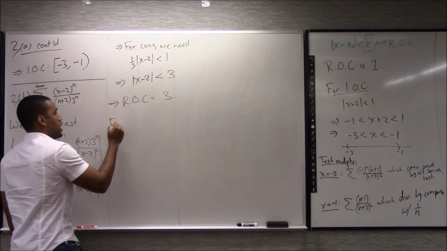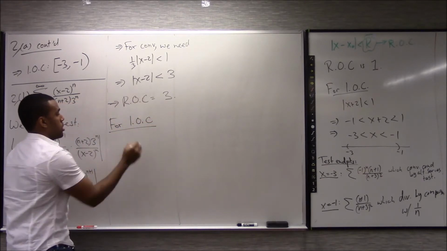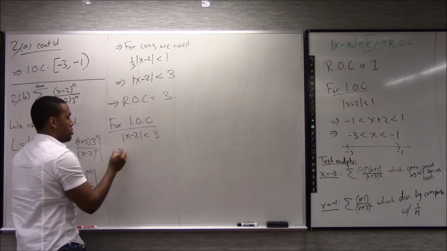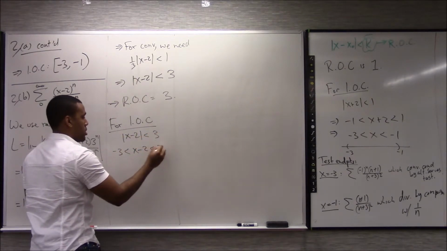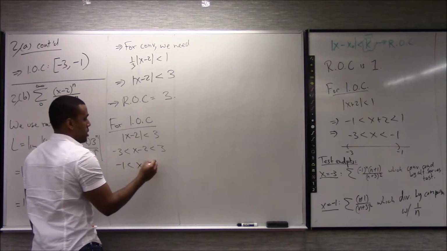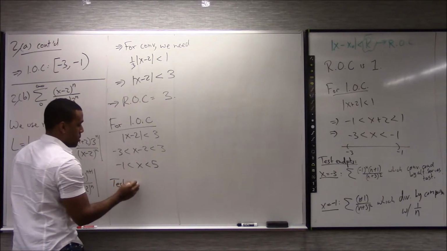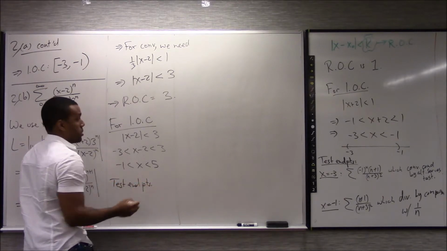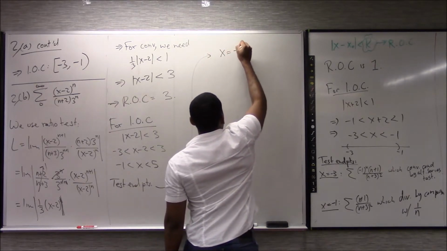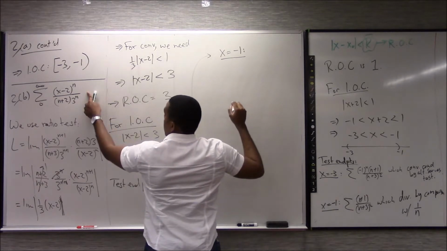And now for the interval of convergence, minus 2. This would break open into this. Add 2 to both sides. Now we get that. Now I'm going to test endpoints. So my x equals minus 1, plug that into the original.